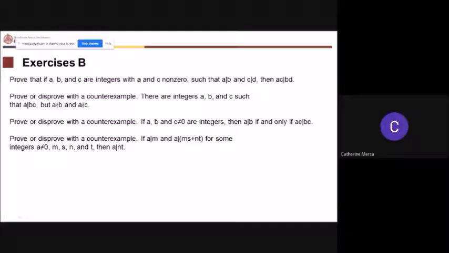And then activity 3 is to do exercises B. So, activity 3, submit solutions to exercise B.